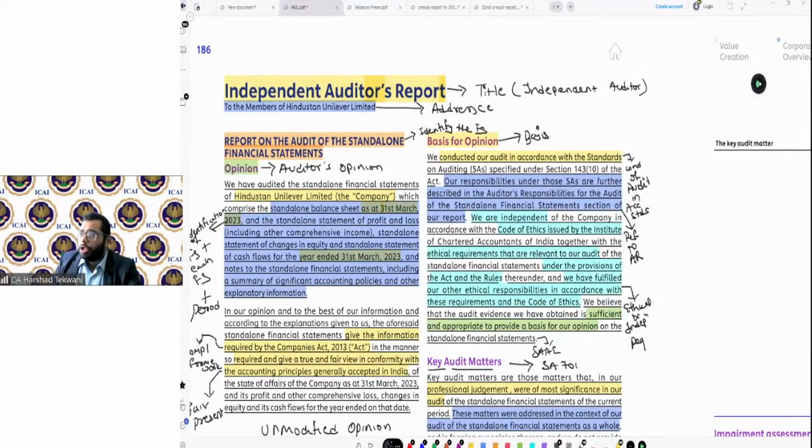It's the corresponding figures, because I'm not issuing an opinion. Am I issuing an opinion on FY22 again?